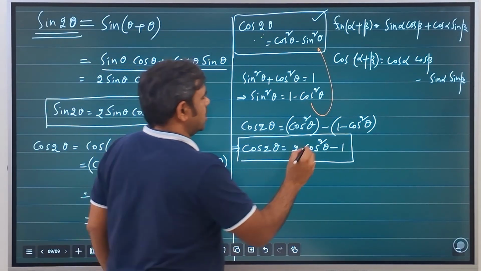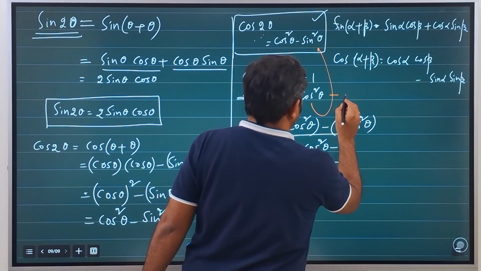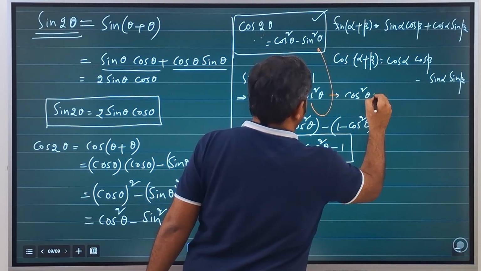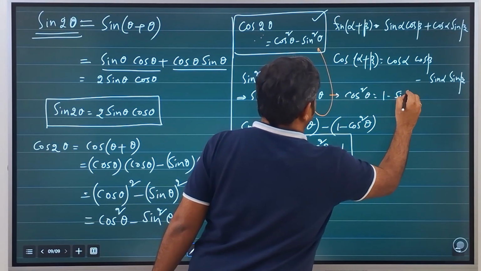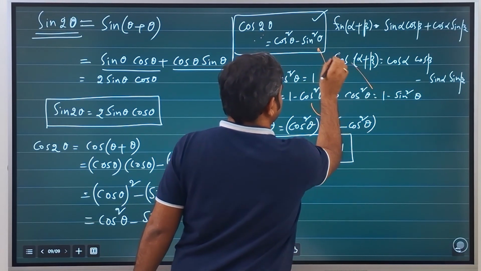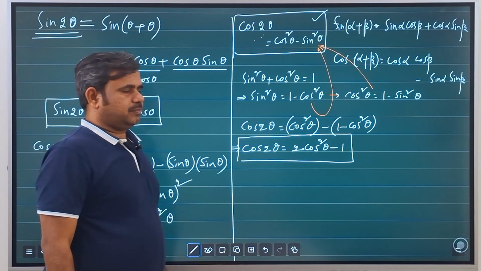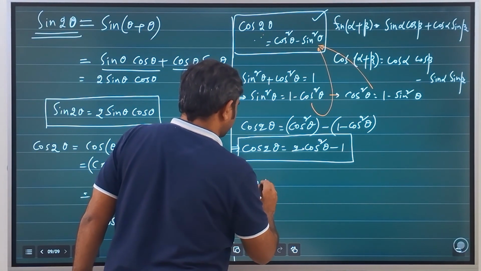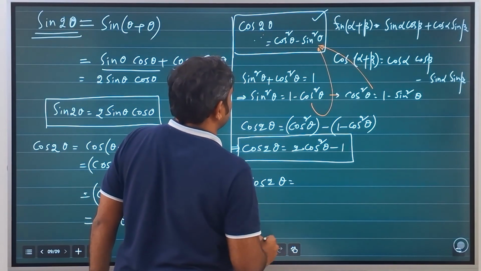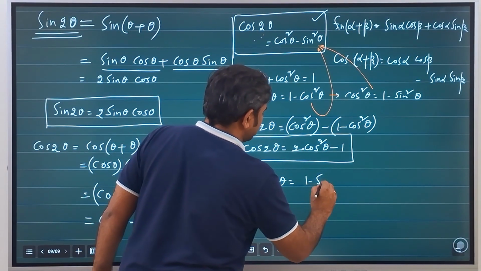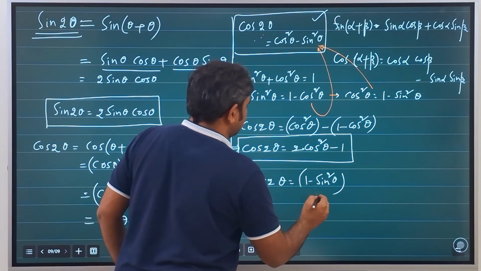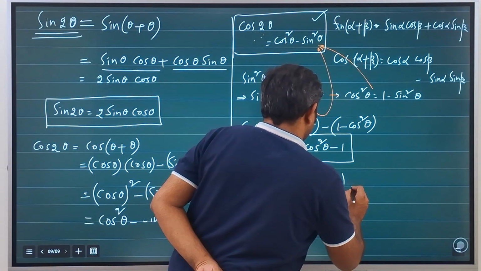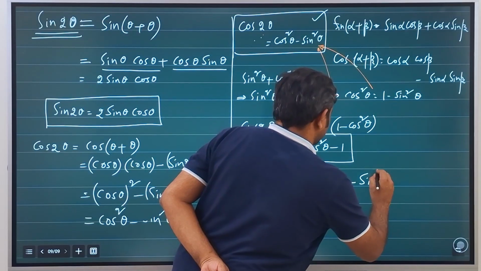Similarly, we can also write cos square theta is equal to 1 minus sin square theta and substitute it here. If you do that, in place of cos square theta, I am writing 1 minus sin square theta, minus sin square theta.